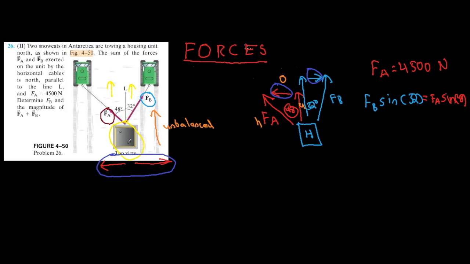And we also have known values. So the rest of this just goes to plugging in those known values in order to solve for the opposite of FB, or the horizontal component of FB. So just to make it clear, I'm going to label this as the opposite of FB. And FA is known to be 4,500 newtons.